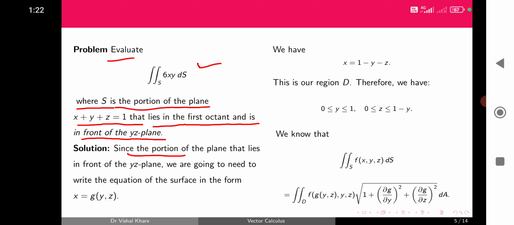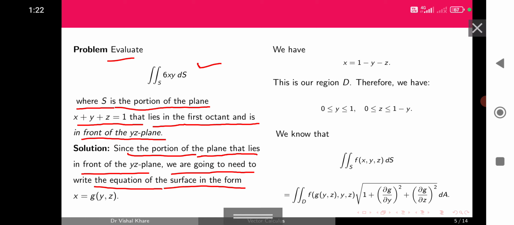Solution: since the portion of the plane lies in front of the yz plane, we need to write the equation of the surface in the form x = g(y,z). So we have x equal to 1 minus y minus z, writing the plane equation in this form.